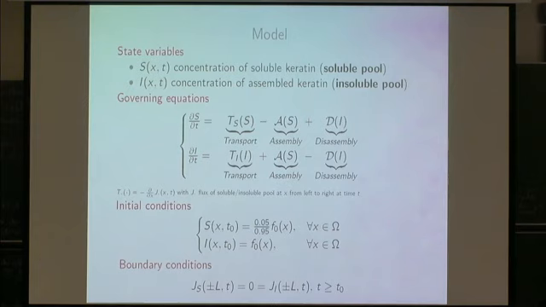Okay? So in here, we are going to have only two variables, the soluble and the insoluble. The insoluble pool is just all the keratin protein aggregated into a particle, filament, network, anything we can visualize by microscope. So we are going to have, for the soluble and the insoluble, the equations with the transport and the turnover, so assembly, disassembly, and so we are switching off and on.